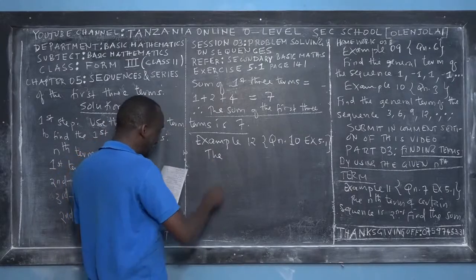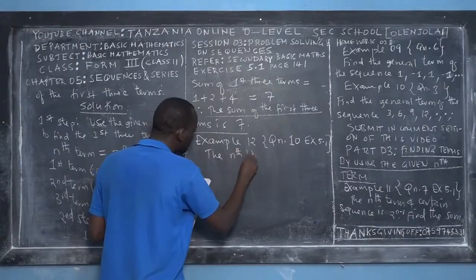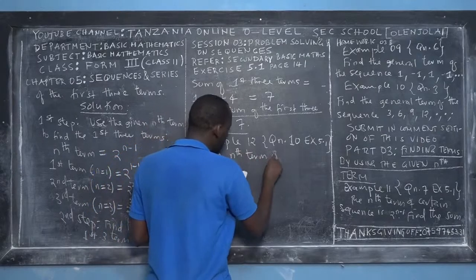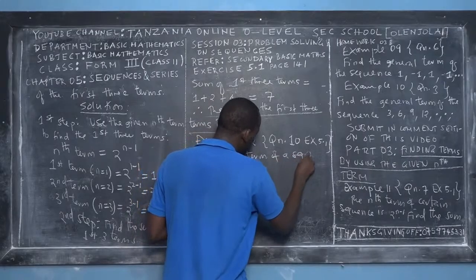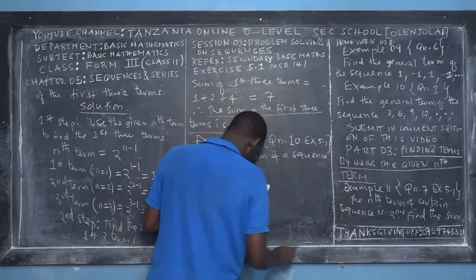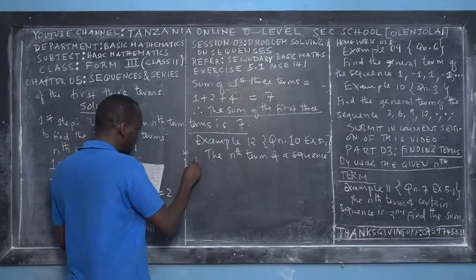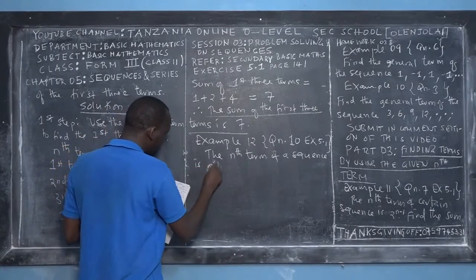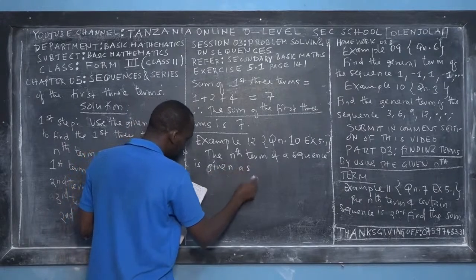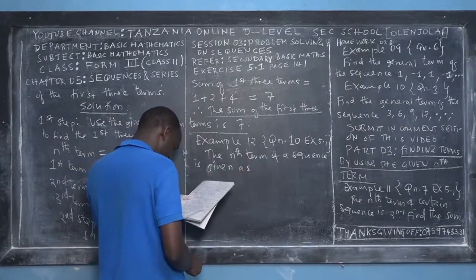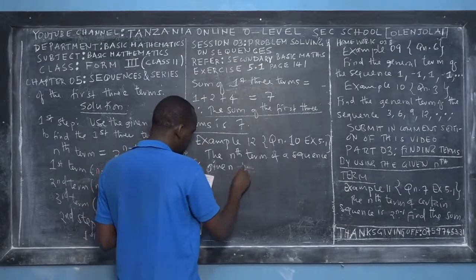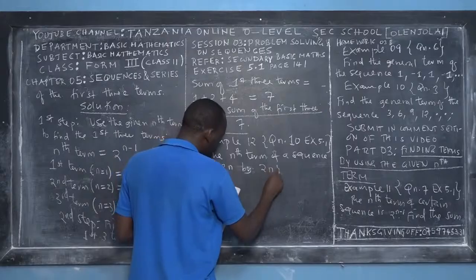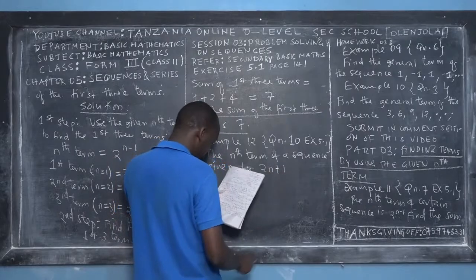The question says that the nth term of the sequence is given by 2n plus 1.